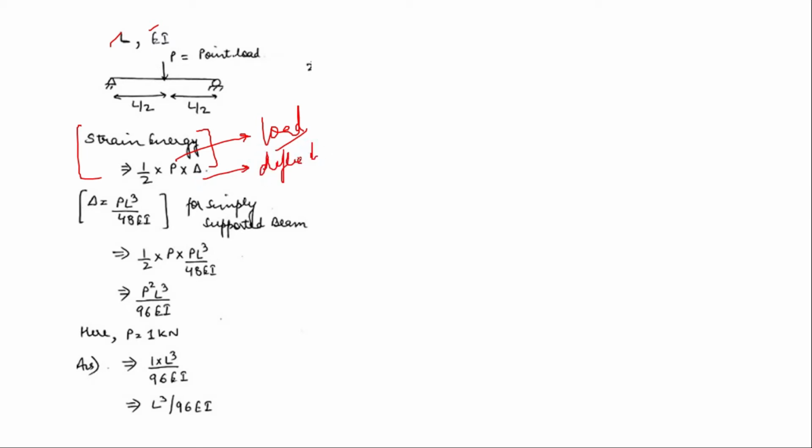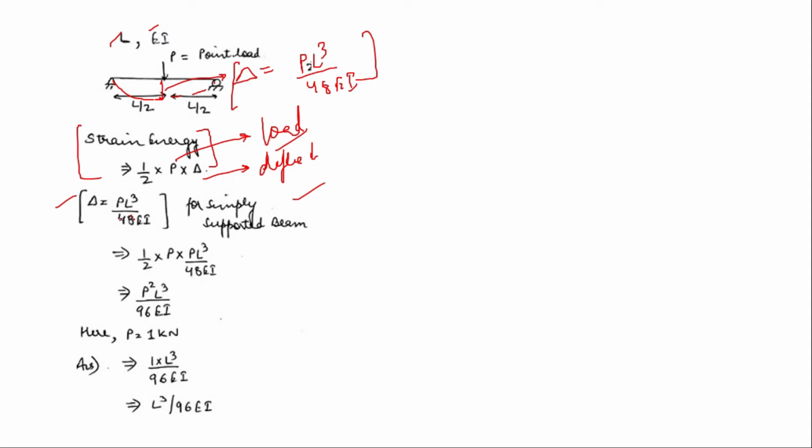With this point load, this beam will deflect like this. This deflection will be taken as delta, and this will be PL cube upon 48 EI. This is the formula for the deflection. For a simply supported beam, delta is equal to PL cube upon 48 EI.